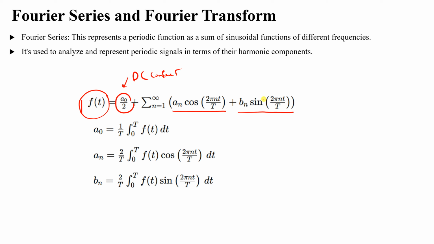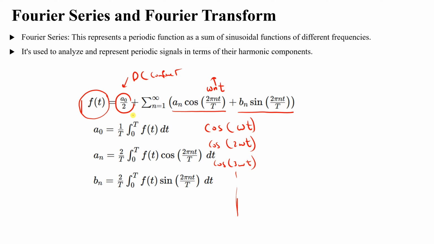These cosine and sine have n omega t, where n is from 1 to infinity. What does it even mean? So we have cosine omega t, cosine 2 omega t, cosine 3 omega t, and so on to infinity. Similarly for sine signals.